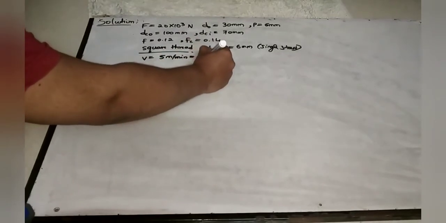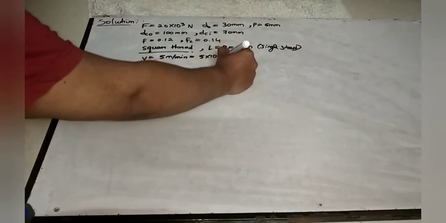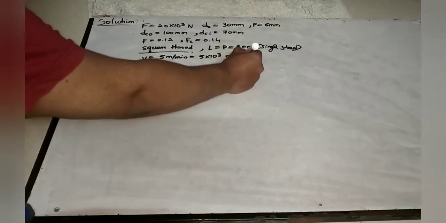The lead screw is propelled at a speed of 5 meter per minute. So V is equal to 5 meter per minute or 5 into 10 raised to 3 mm per minute.